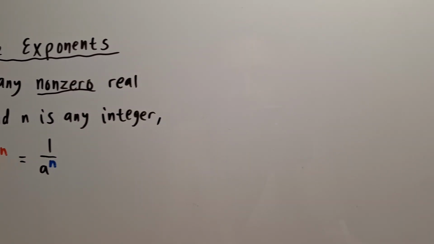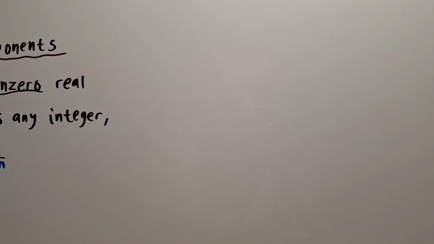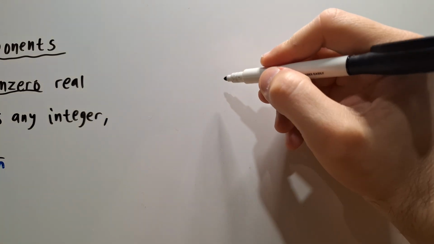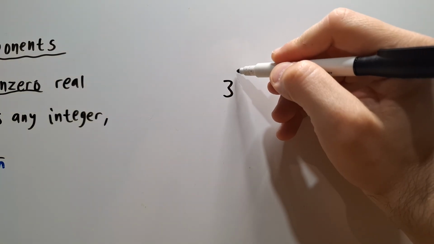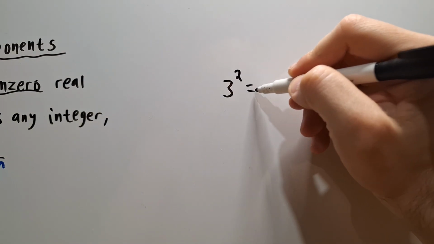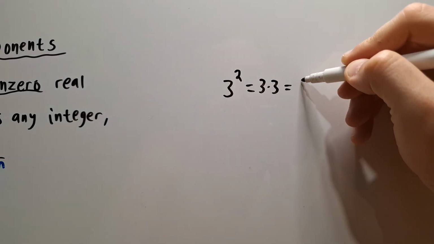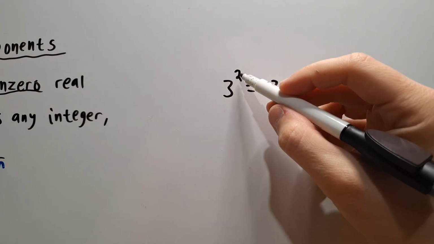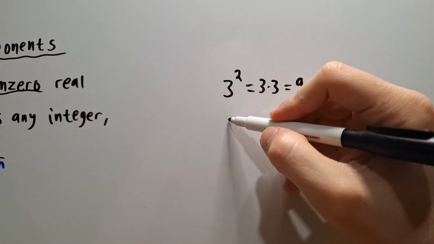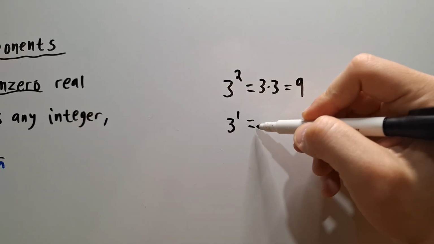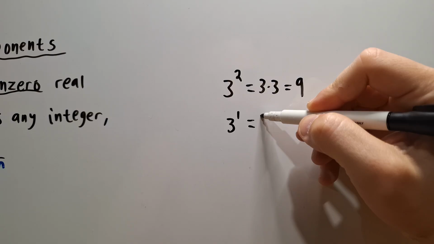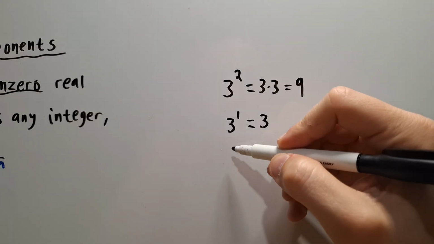So let me come over here and we'll do base 3 values. So if I calculate 3 to the second power, that's 3 times 3, which is 9. Taking this exponent, bringing it down by 1, that's 3 to the first power, which is just 3 by itself.